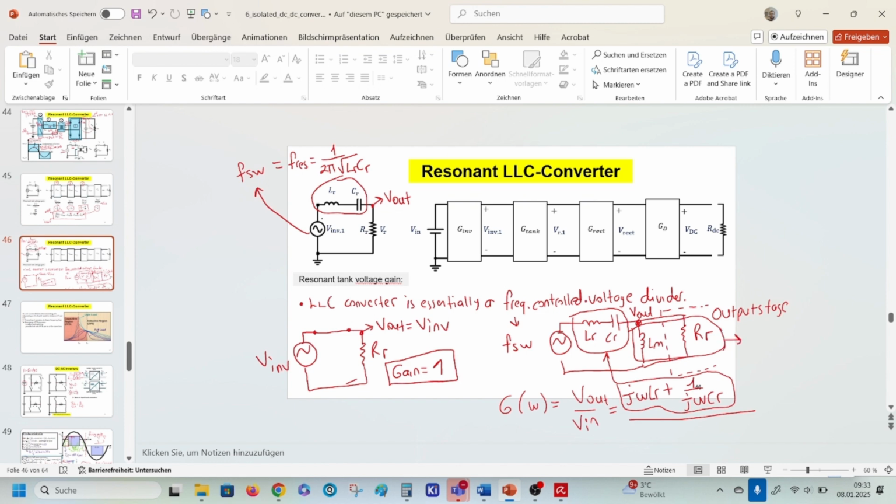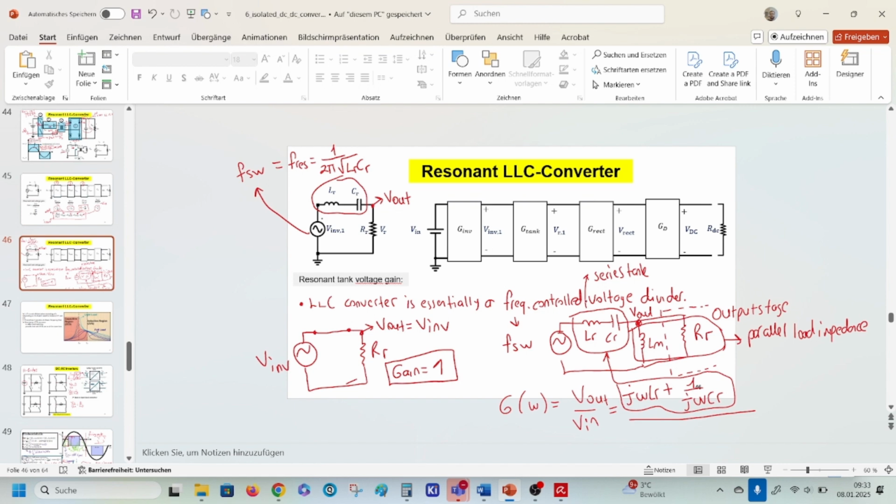This is our series tank, and this is our parallel, let's say, load impedance.